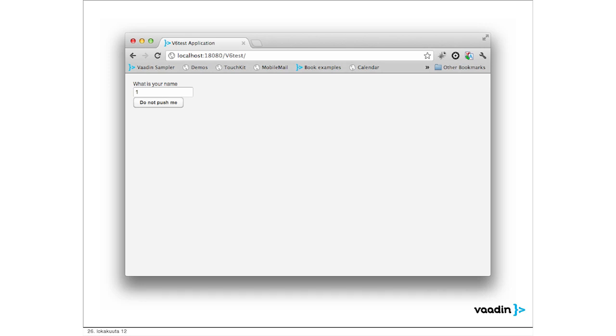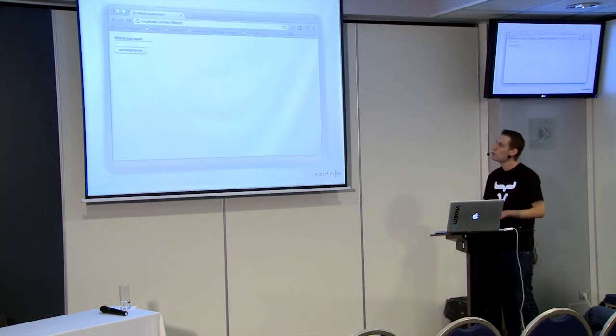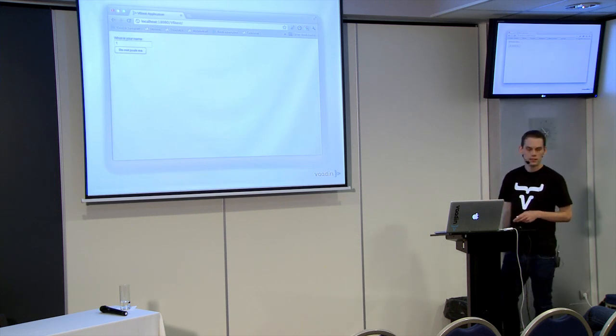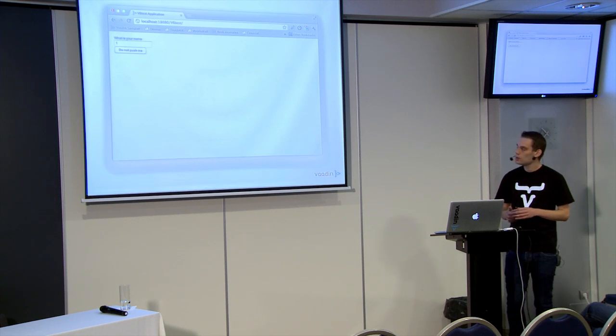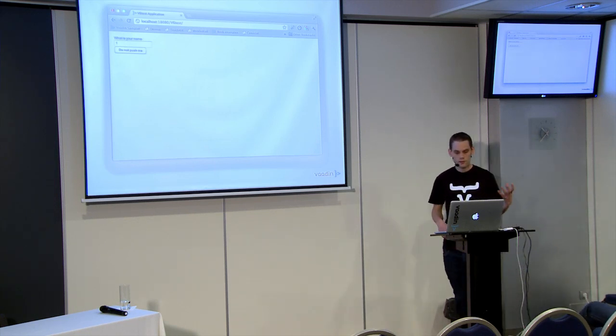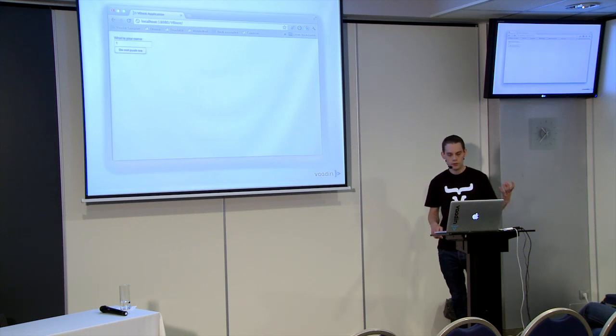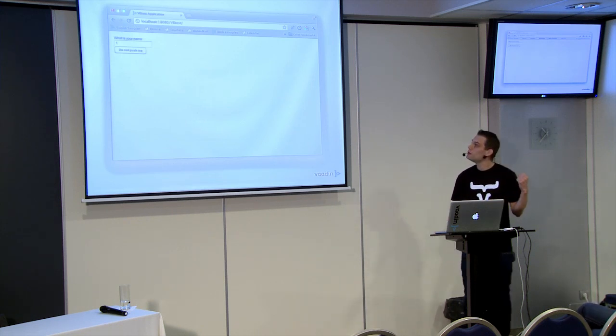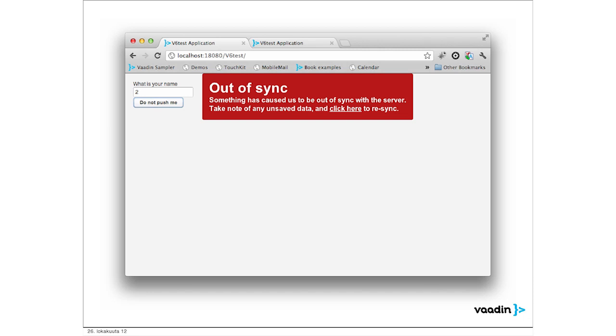So let's say that I have this tab open here, but then I open another tab with the same address. So I'm opening the same application, and then I'm doing something in the new tab, and then I go back to the previous tab and I try to do something there. I got an out of sync.